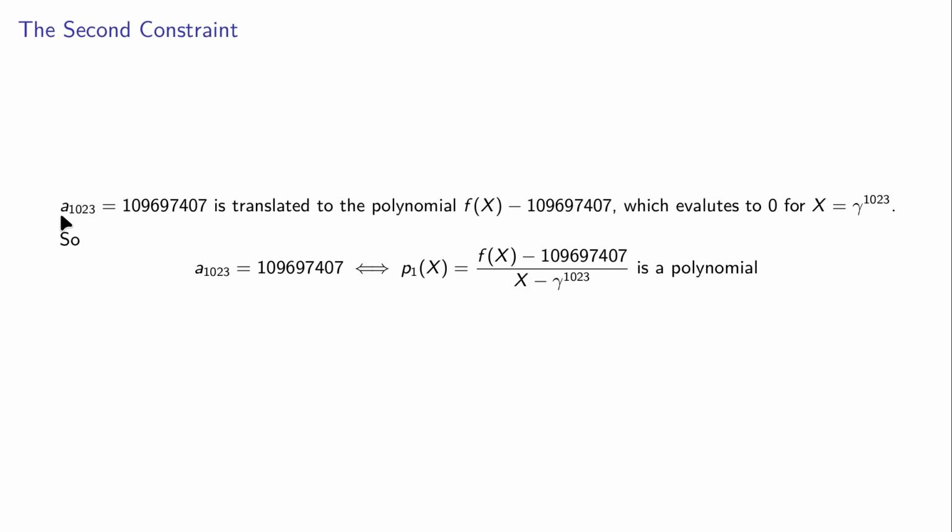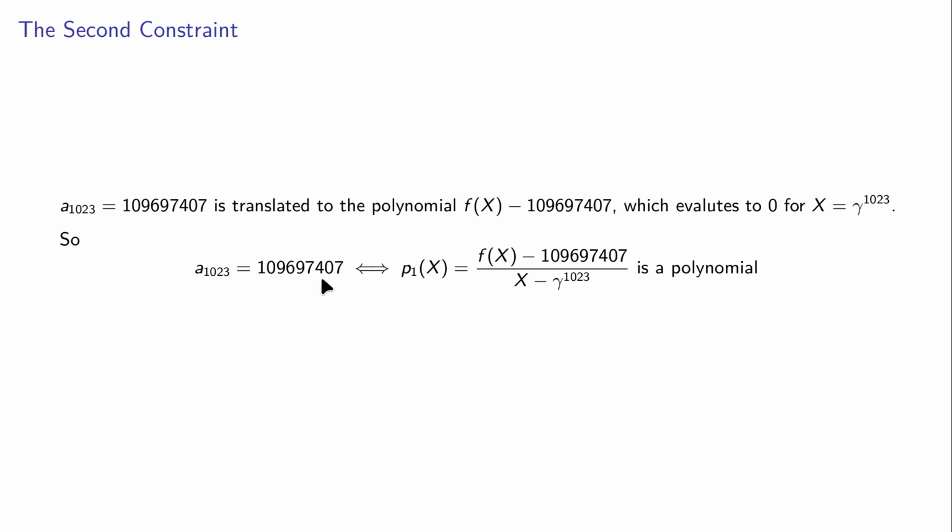It means that a of this 1023 minus this value is equal to 0. So the a will be substituted by the f of x, where x is this gamma to the power 1023.